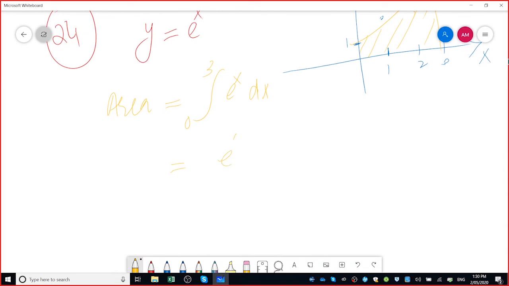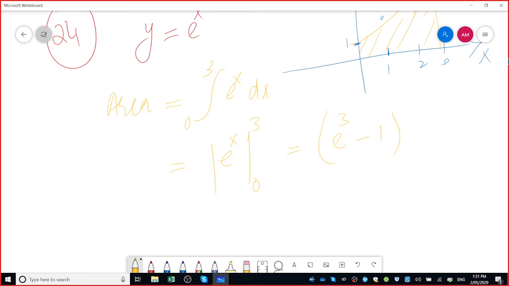So this becomes e of x from 0 to 3. Because it's a definite integral there is no plus c. So it would be e raised to the power 3 minus 1.